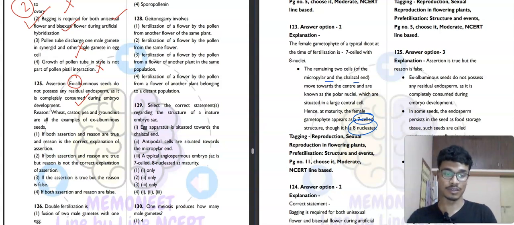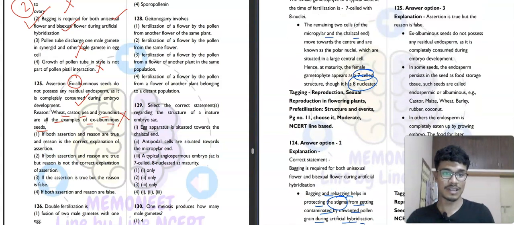We call the seeds which have endosperm albuminous seeds, and the seeds which don't have endosperm, we call exalbuminous seeds or non-albuminous seeds. Then it is saying that reason, wheat, castor, pea and groundnut are all examples of exalbuminous seeds. No, absolutely incorrect, because you can see that in some seeds the endosperm persists in the seed as food storage tissue.